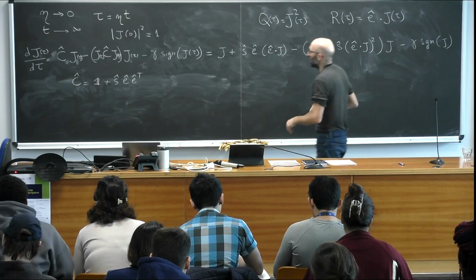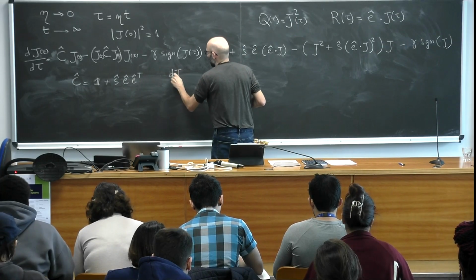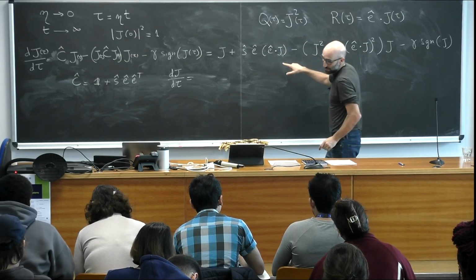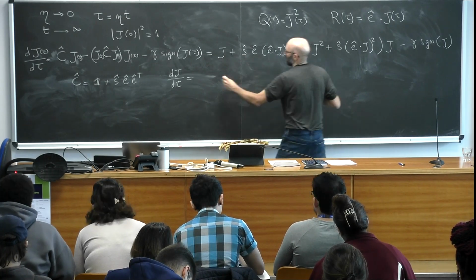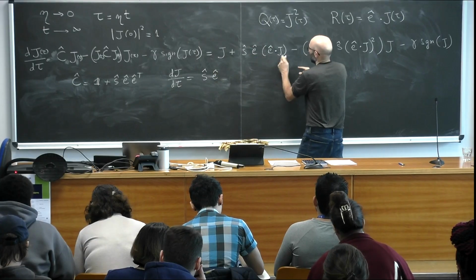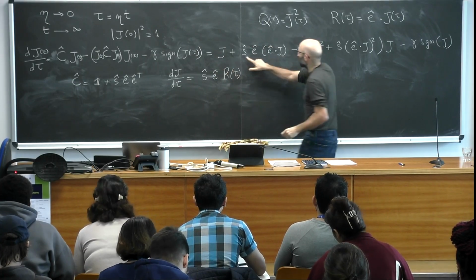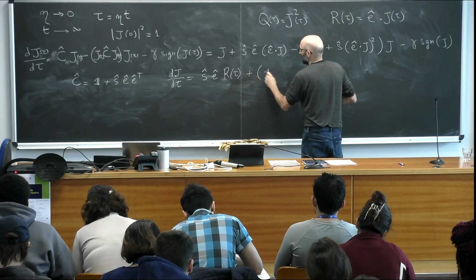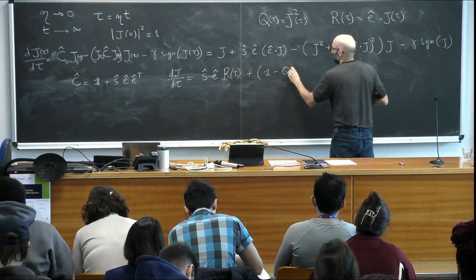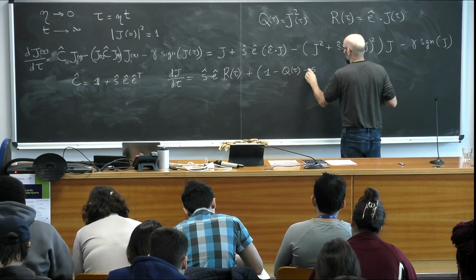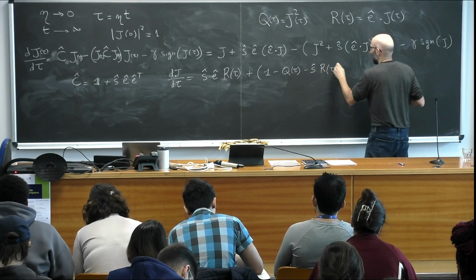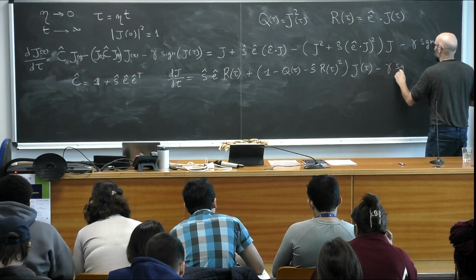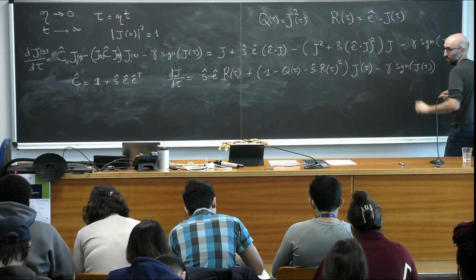So now the derivative of J with respect to tau is equal to a constant term, S hat times E hat times r, plus a term proportional to J, which is 1 minus q of tau minus S hat r of tau squared, times J, minus gamma times the regularization.